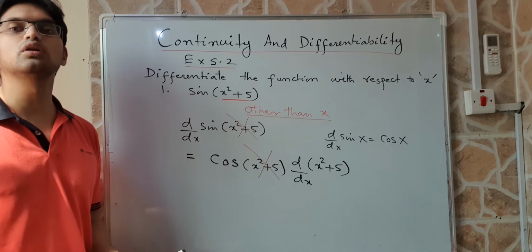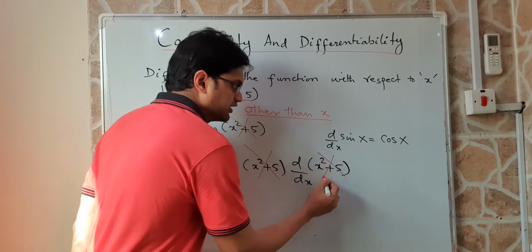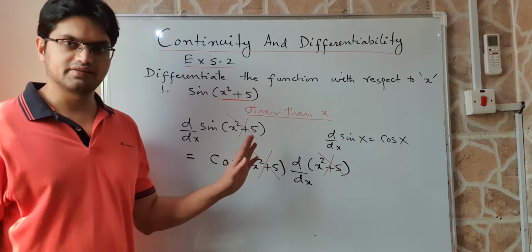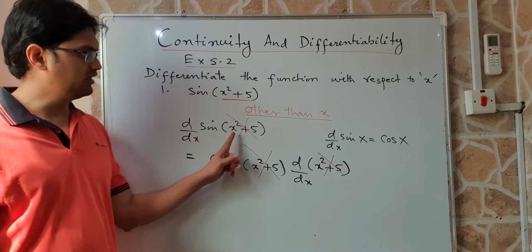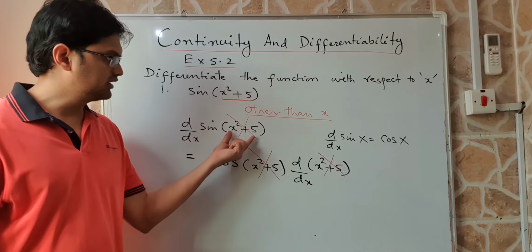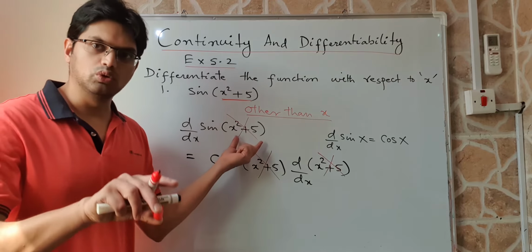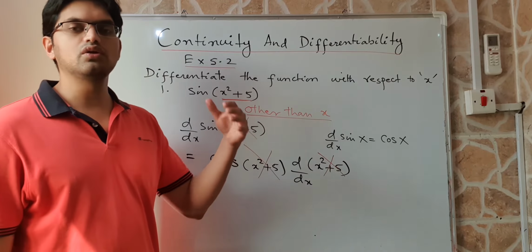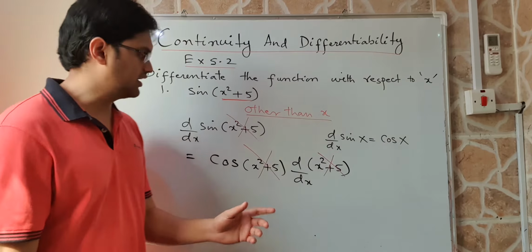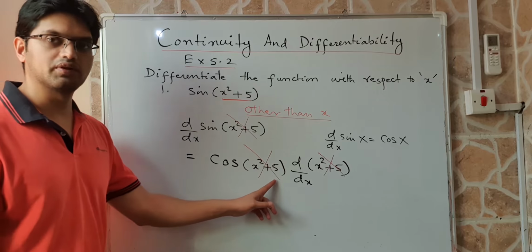So this is the rule you have to learn. Once again, the derivative of sine of x square plus 5: consider the angle to be x only, and find the derivative of sin x. It is cos x. So write the answer cos of x square plus 5.